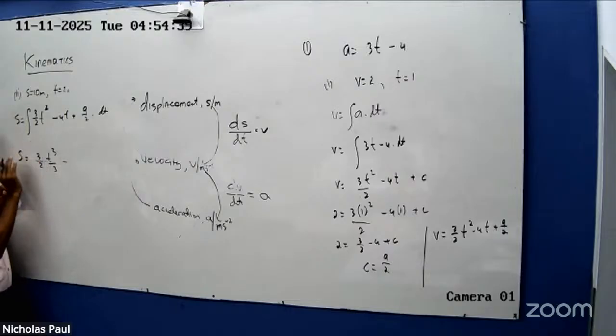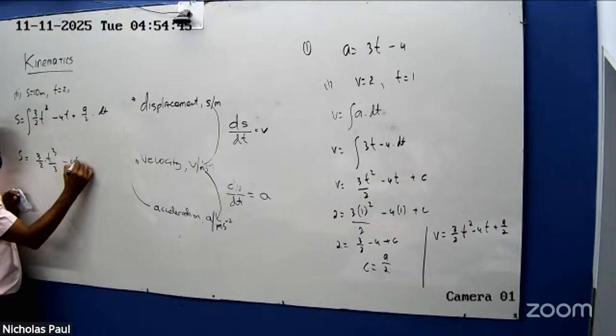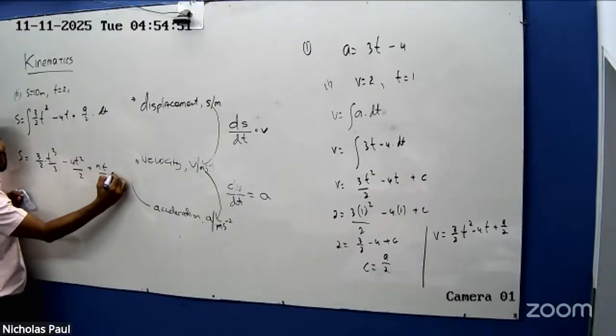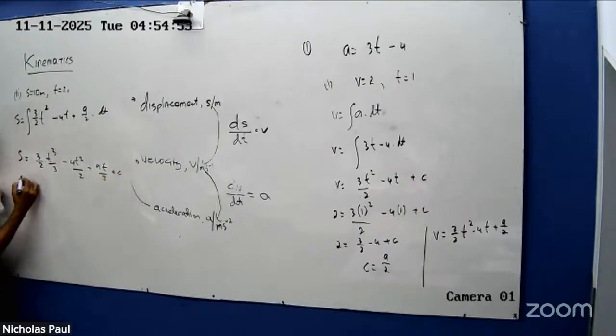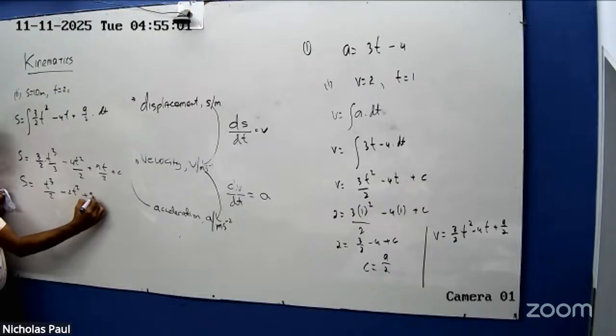The 3 cancels off. What's the integral of 4T? 2T squared. What's the integral of 9 on 2? 9 on 2 T plus C. So when you simplify it, you will get T cubed on 2 because the 3s cancel, minus 2T squared plus 9T on 2 plus C.